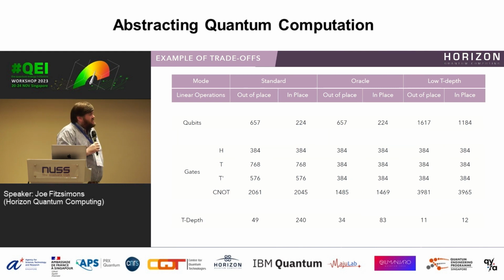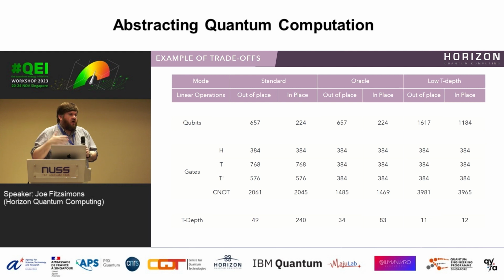I just wanted to show you this example of some of the trade-offs you have to make, to show you that there's no one best option. These numbers are for computing a dot product. We have 2 vectors with 3 entries each, and we're computing their dot product. These are the different numbers of gates used, different numbers of qubits, different numbers of H, T, T dagger, and CNOT gates, along with their T depth.